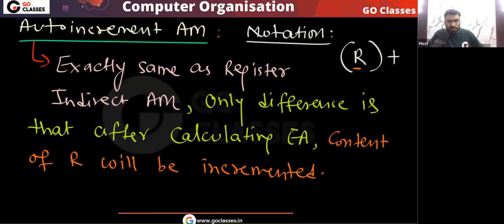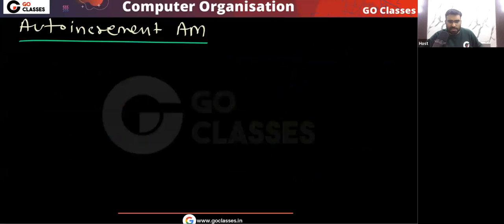Is this clear? See, very simple. This is exactly same as register indirect addressing mode. The only difference is after calculating this effective address, the content of R will be incremented. What that means, let me tell you.